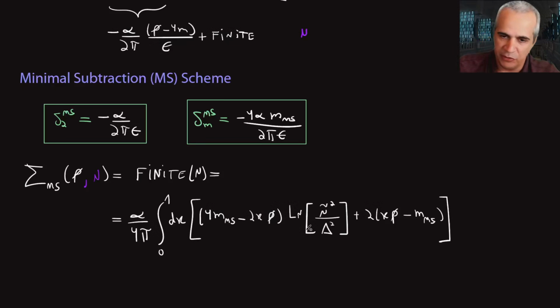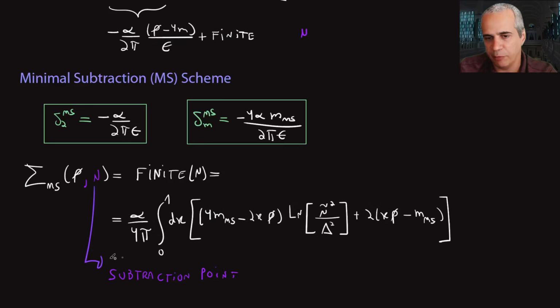In this approach, this mu is now called the subtraction point, because it is introduced by this subtraction scheme. You have to be careful about this because it might seem that this parameter was introduced by dimensional regularization.